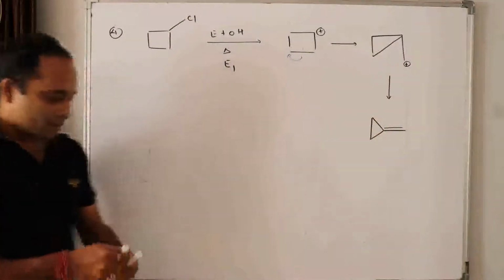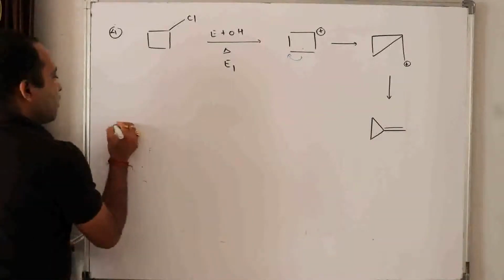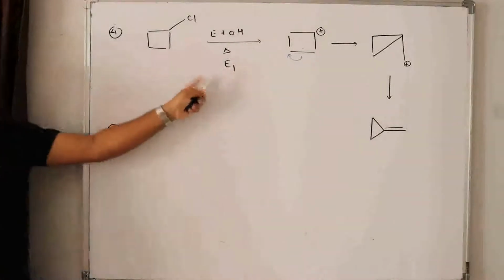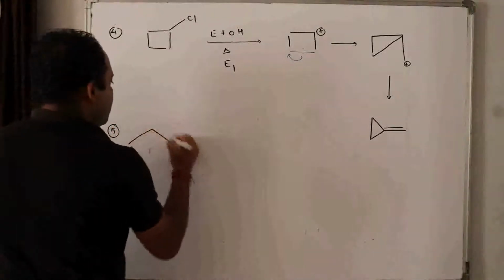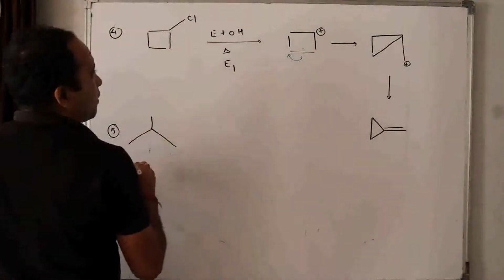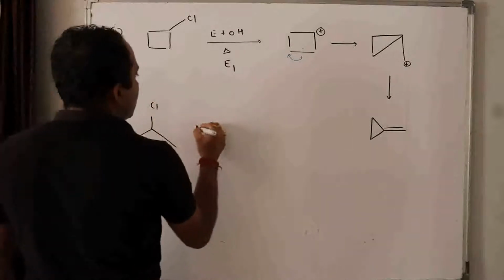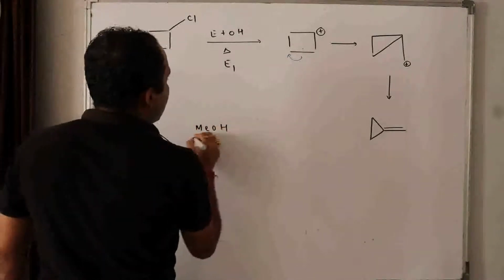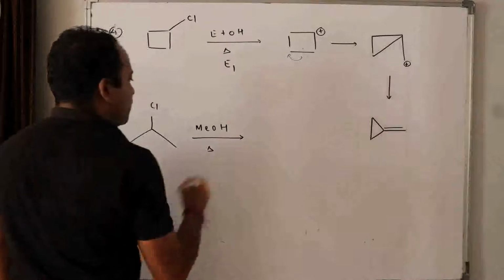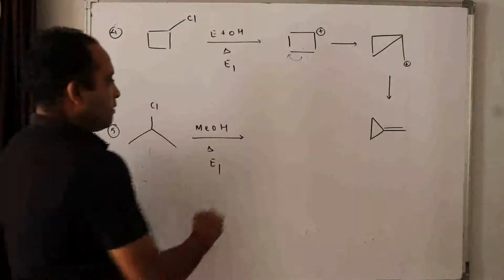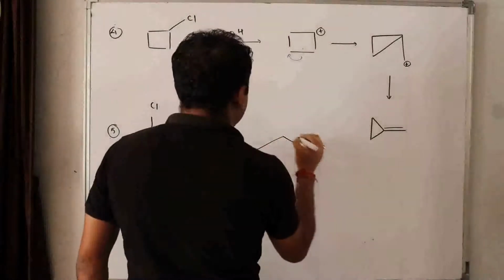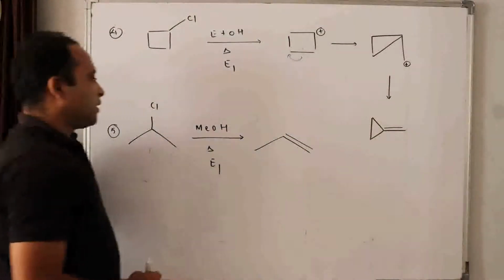Easy? Let us go for one more question. Question number 5. Did you understand question number 4? This one, copy it. Next, question number 5. Cl, MeOH heated. Let us consider only E1. SN1 is also there, but only E1. So can I get it like this? This is the only product. Why?